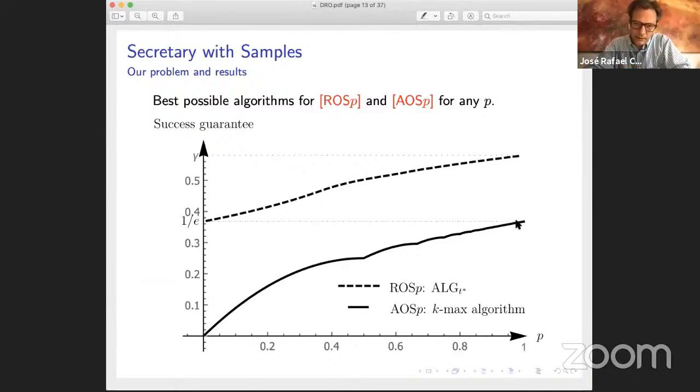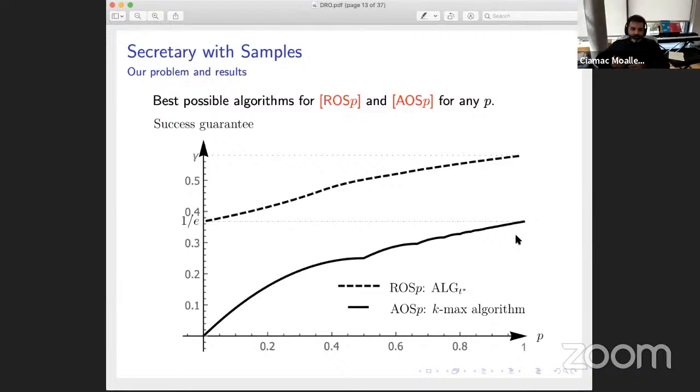But I cannot really explain the connection between our 1 over E and their 1 over E. They look closely tied. There should be some good connection there, but I cannot find it. Seriously, I don't have a good intuition on why that's the case. Again, we also do it with a fixed threshold algorithm. So it really looks like there should be a stronger connection there, but that's something I don't fully understand yet.